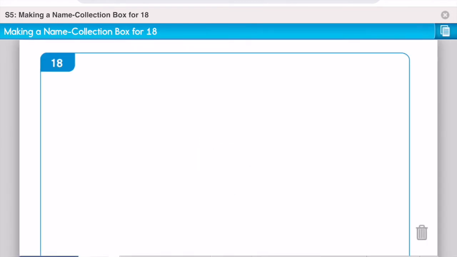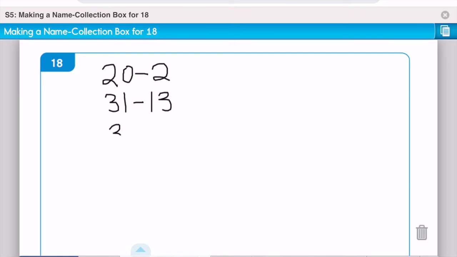Here are some names that you could write for 18 without using the plus or 8 keys. You could call 18 20 minus 2. You could call it 31 minus 13. Here's a name that uses two operations. You could call it 3 times 7, that's 21, minus 3 is 18.